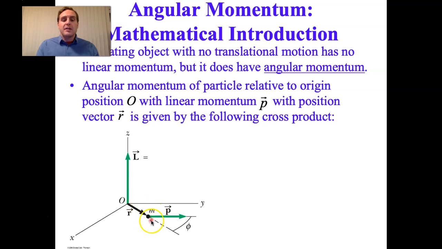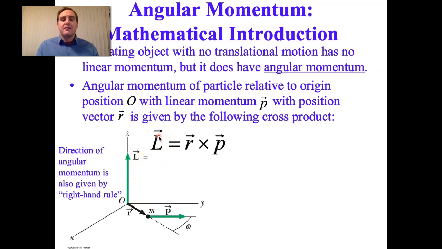If there's a point mass there, then this is its linear momentum p, and this is the angle phi between the radius extended and the linear momentum vector. We can define the angular momentum vector as the following cross product: L vector is equal to r vector cross p vector. And the direction of this L vector is given by the right-hand rule.